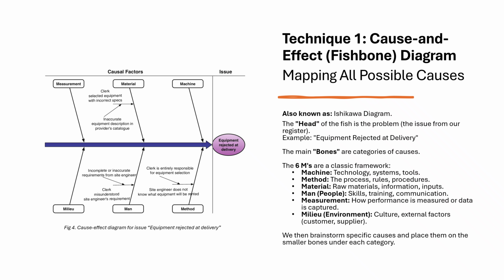Milieu is also known as external factors like customers or suppliers. As you can see in the figure, a clerk selecting equipment with incorrect specifications is classified under material because the specification data was wrong. This framework helps ensure we explore all the possible angles and don't just blame the person.